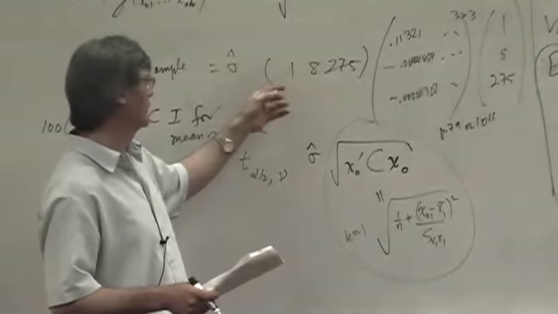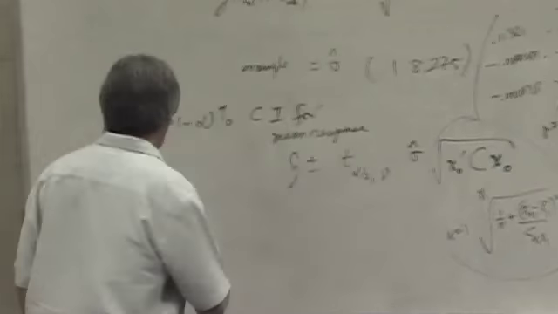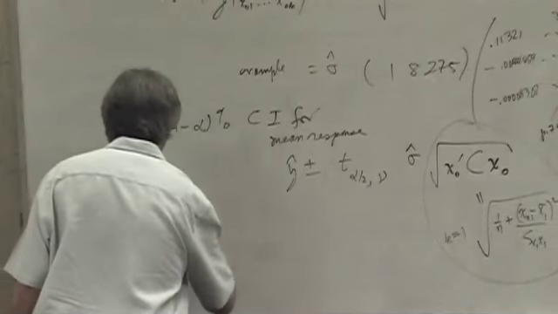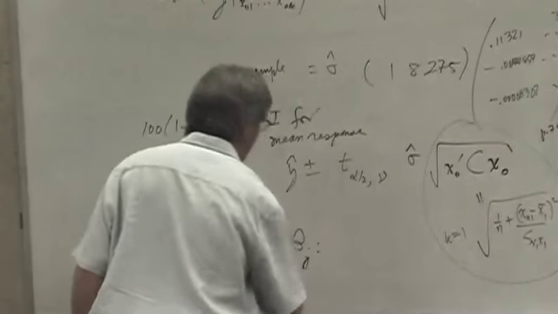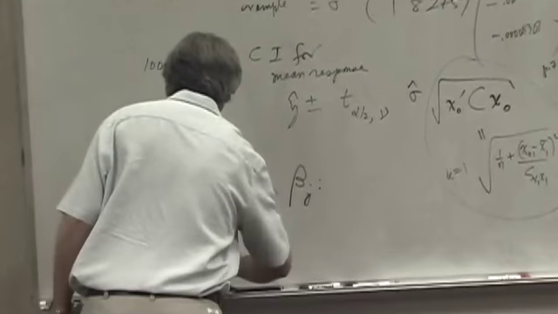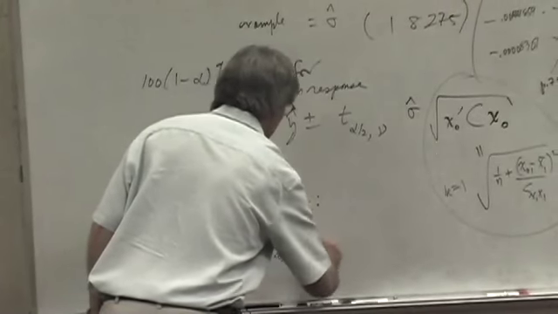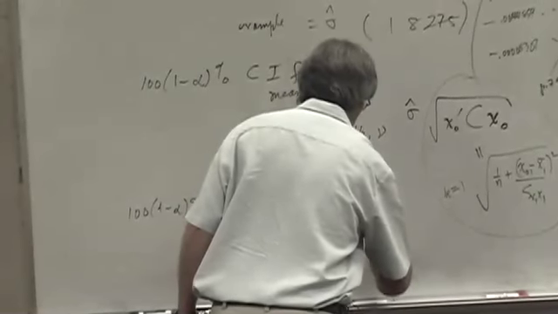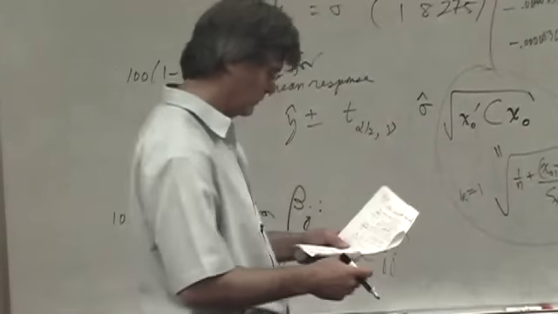If I take all zeros except the 1 corresponding to beta j, then I also get the 100 times 1 minus alpha percent confidence interval for beta j, and that is beta j hat plus or minus t alpha over 2, nu, sigma hat times what we said was the square root of cjj there.